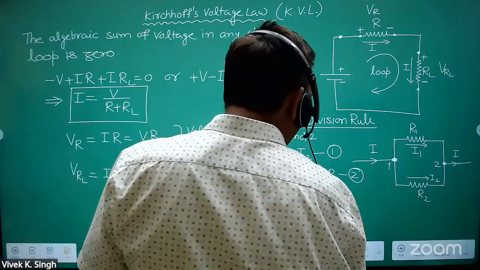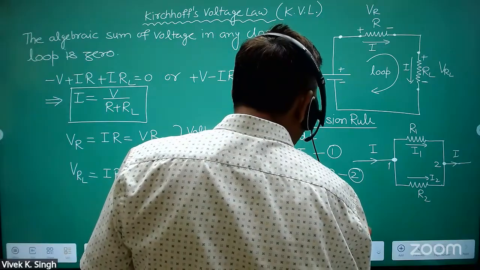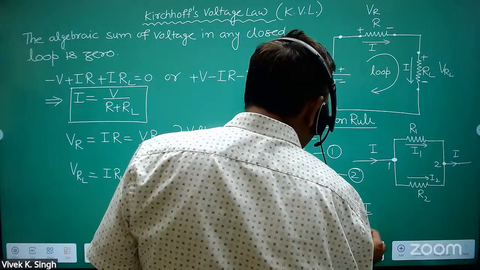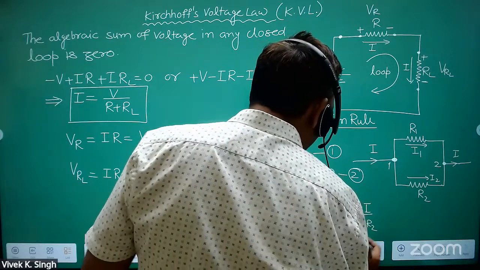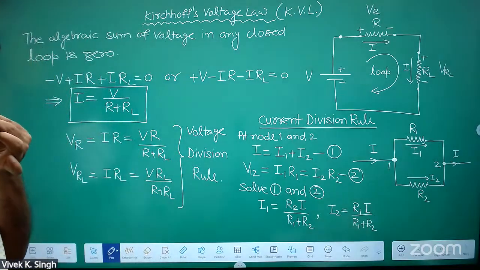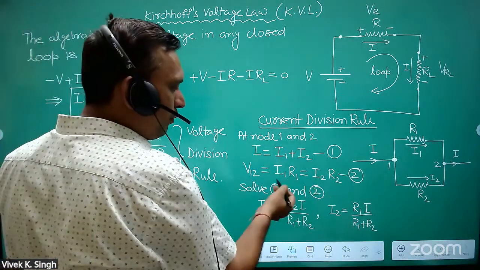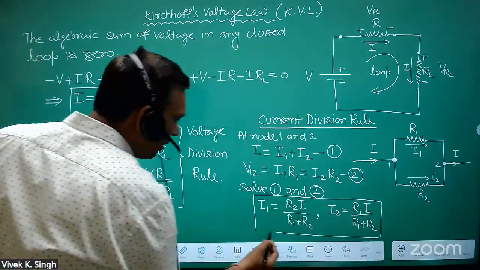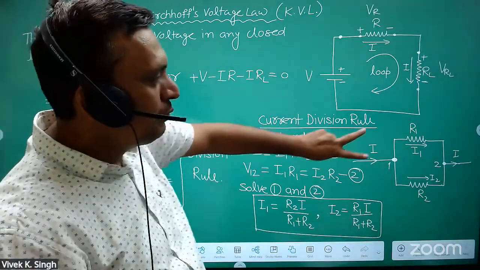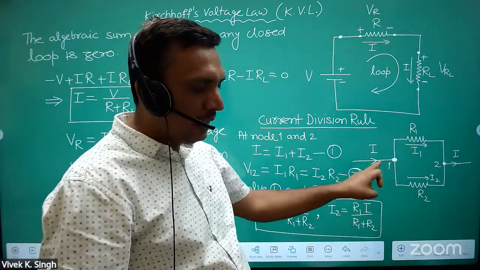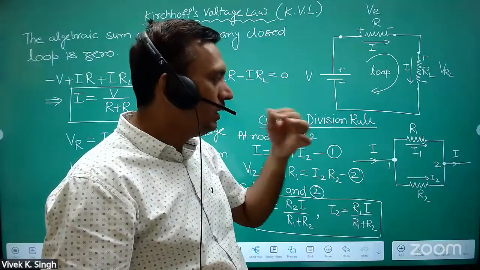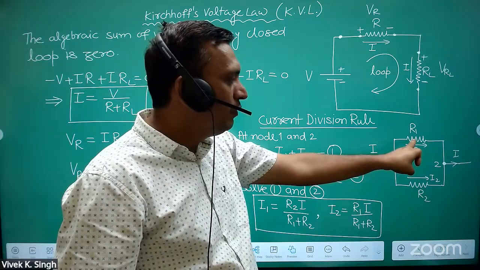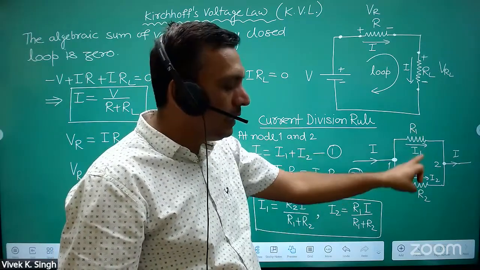And what will be I2? R1 into I by R1 plus R2. Okay? Just simplify it. So this is called as current division rule. What is current division rule? If two resistances are in parallel and current I is dividing between R1 and R2, then current through R1 will be I1, simply R2 into I by R1 plus R2.